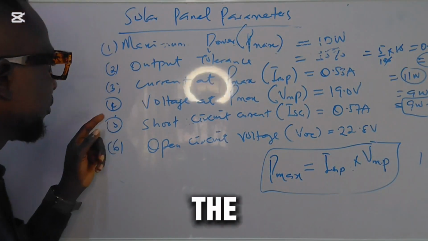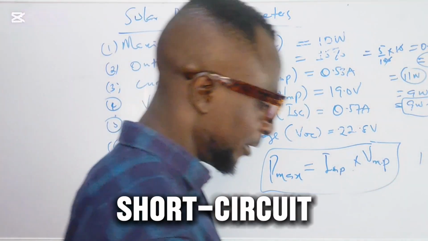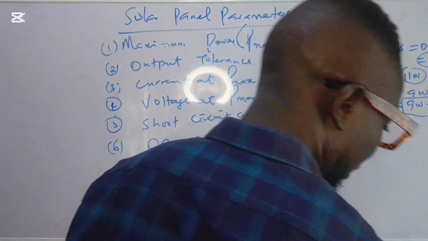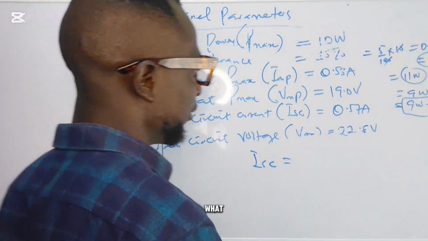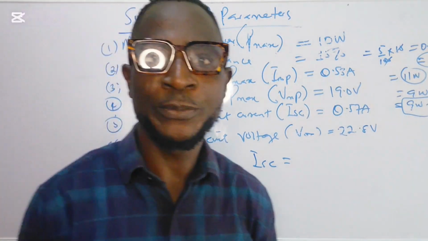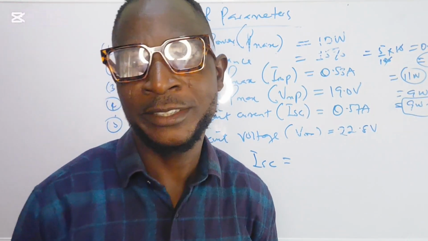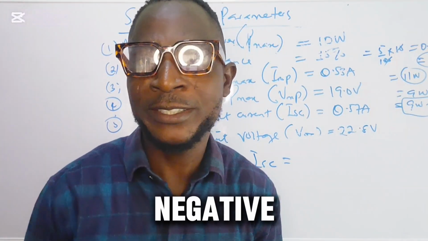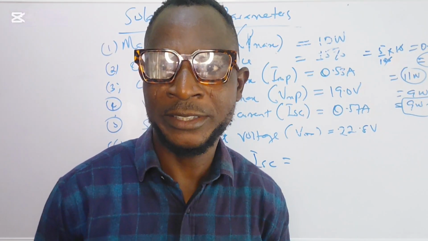Then we move to the fifth one, which is short circuit current, ISC. What is short circuit current? It is very simple. We all know the meaning of short circuit. If a positive and a negative cable bridge, that is a short.